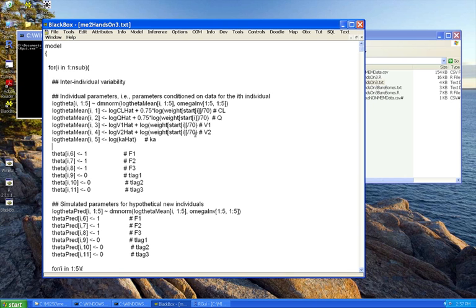Remember, I'm only putting the constraint at the level of the population parameters, not at the level of individual parameters. At the level of individuals, there is no forced ordering of Ka and lambda 1 and lambda 2. It's only at the population level.